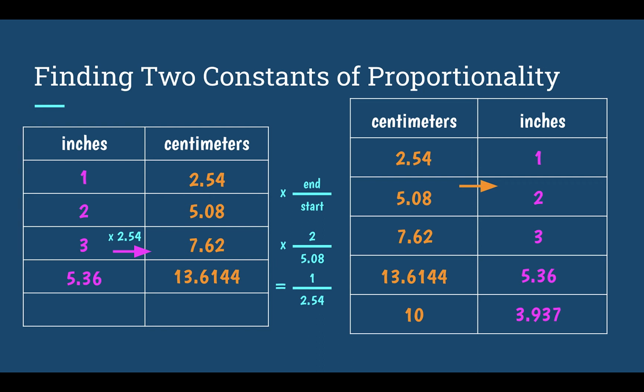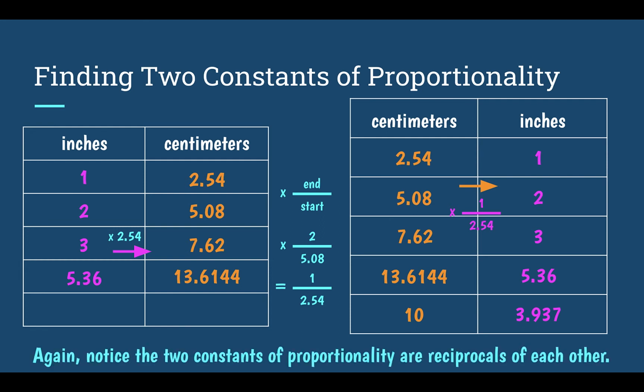So I just divided by 2 on the top and the bottom, 1 over 2.54. They were reciprocals of each other, just like we showed before. In one, I'm going to multiply by 2.54. In the other, I'm going to multiply by 1 over 2.54. So again, the constants of proportionality for going forward and going backward are reciprocals.